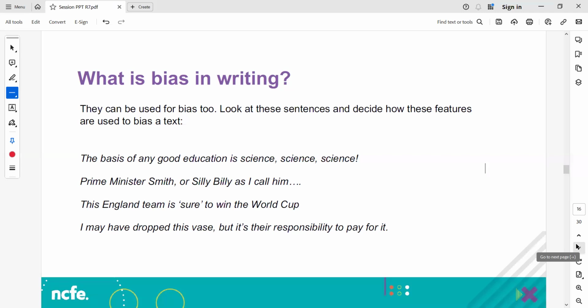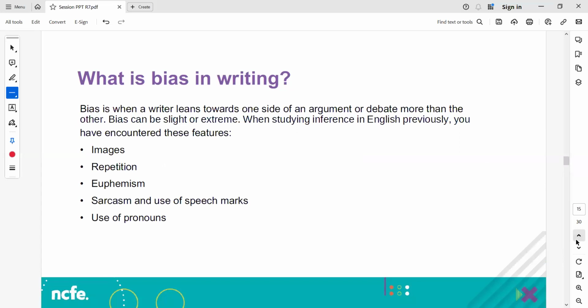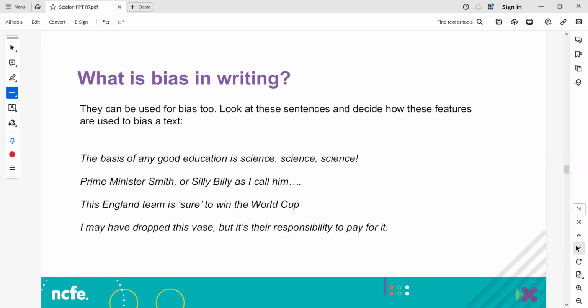I may have dropped this vase, but it's their responsibility to pay for it. So which one is used? I may have dropped this vase, but it's their responsibility to pay for it. So think about that word there.